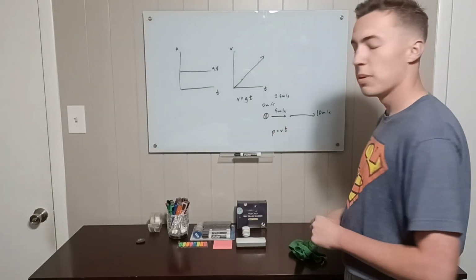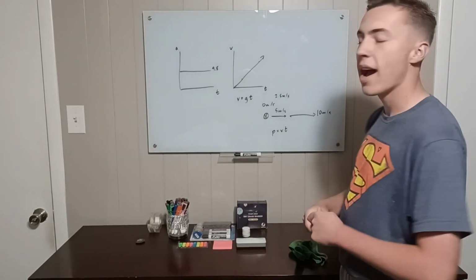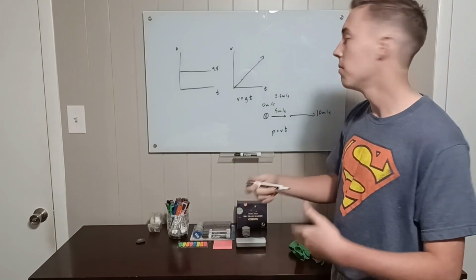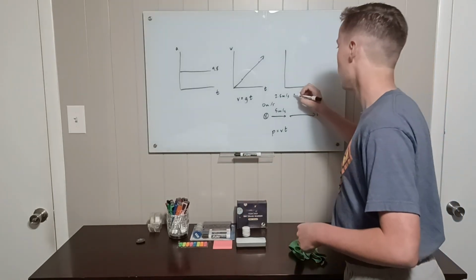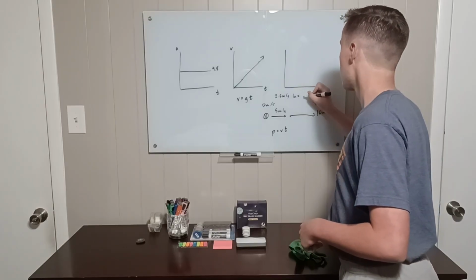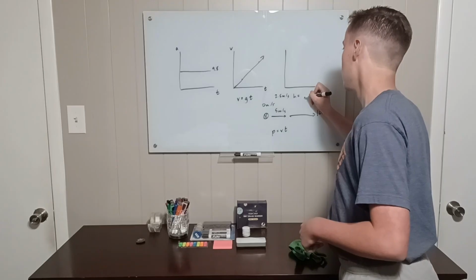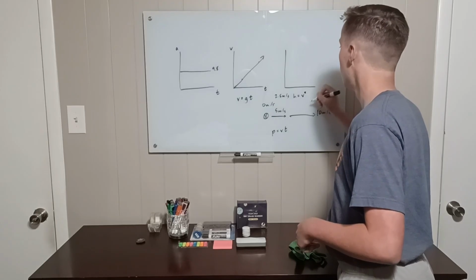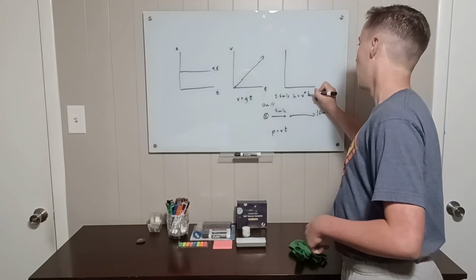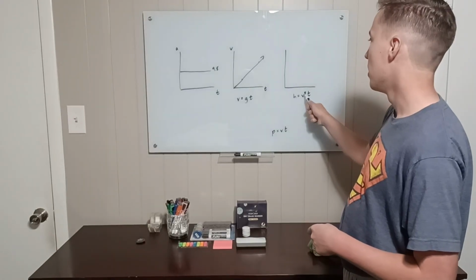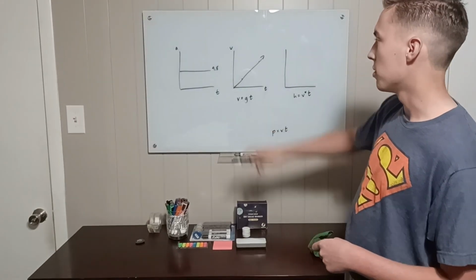In order to find the position that something is at in a gravitational field, or the height that it has fallen, you can use this equation where height equals average velocity, so we'll just go ahead and put velocity with a star by it, times time. So how do we get this average velocity using this equation?